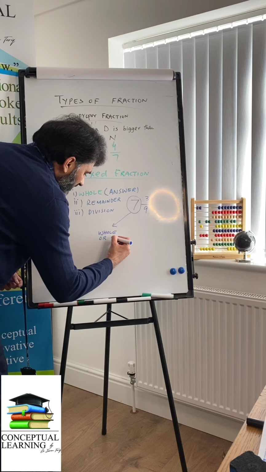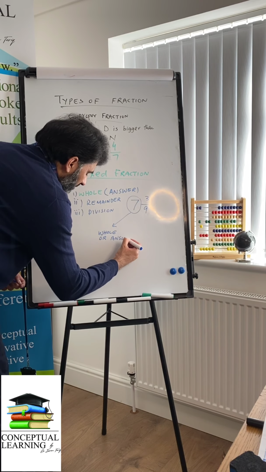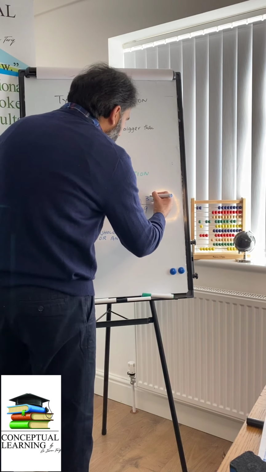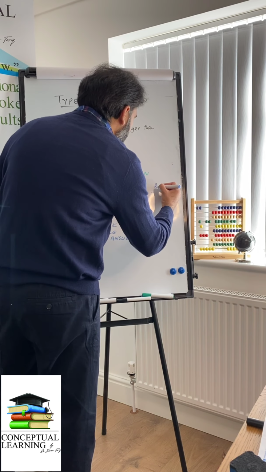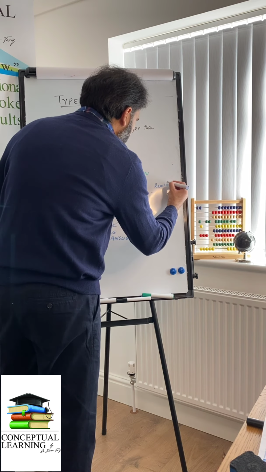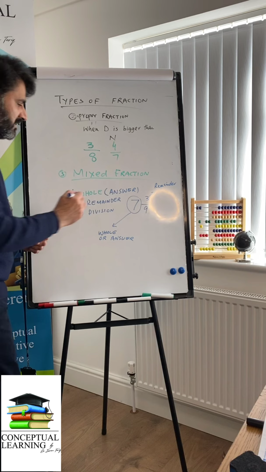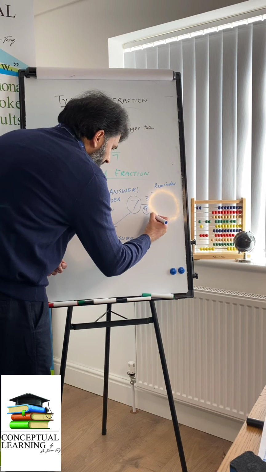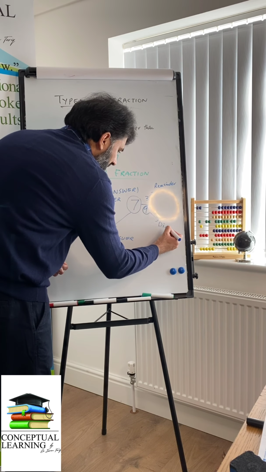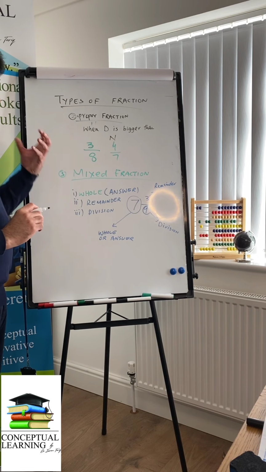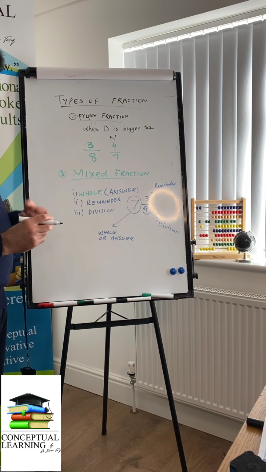And 3 is called the remainder, and 9 is called the division. If you have that kind of fraction, that is called a mixed fraction. In a mixed fraction, we have the answer, we have the division, and we have the remainder.